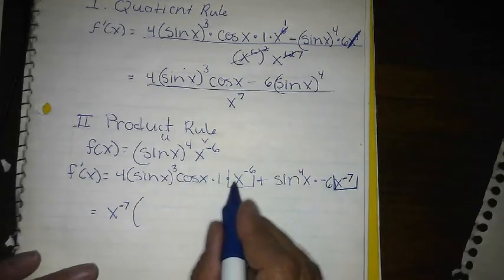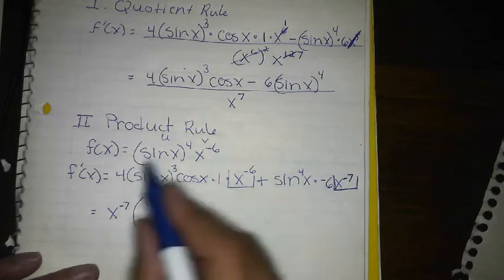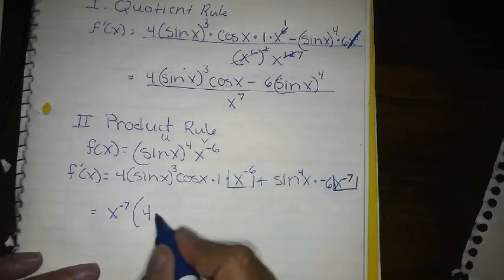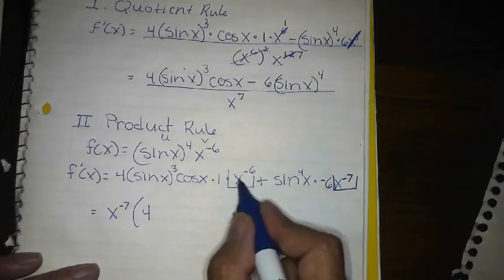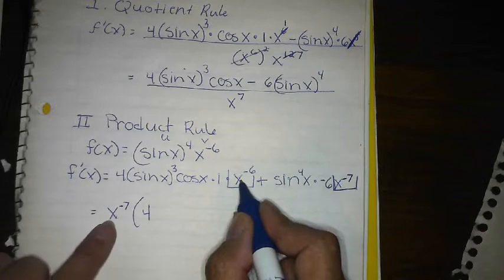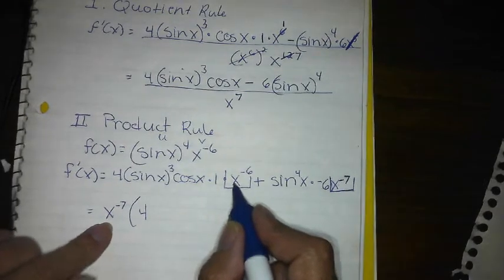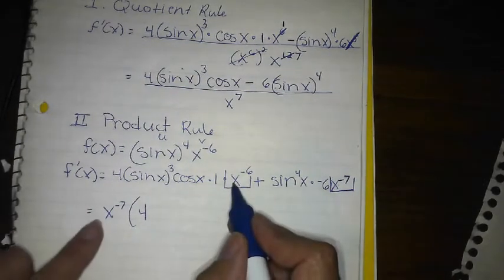So in here, simplifying, we got the 4. This x term, whatever's left here, is going to float to the front. So how many x's am I going to have left if I take out x to the negative 7th? The way you figure that out is you are going to be subtracting, or actually, I think if you think logically, it's easier.